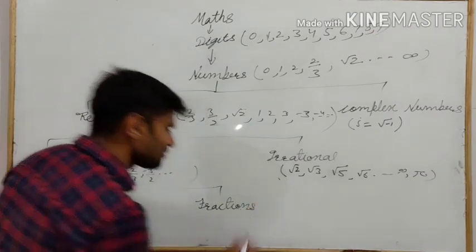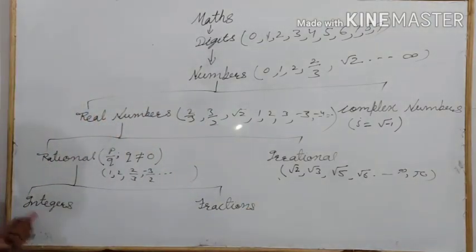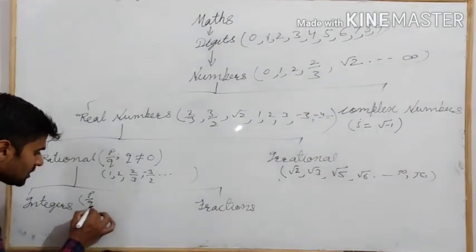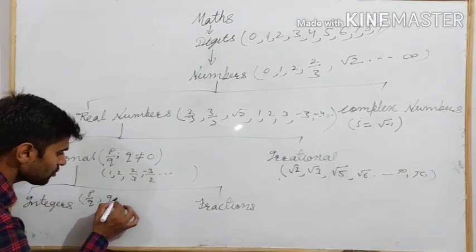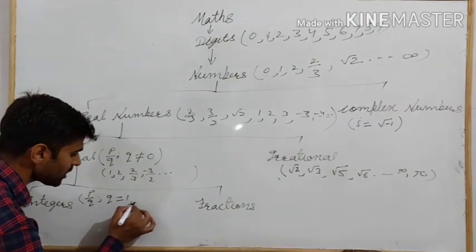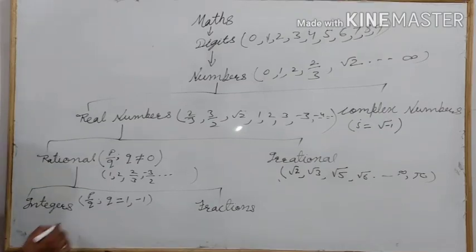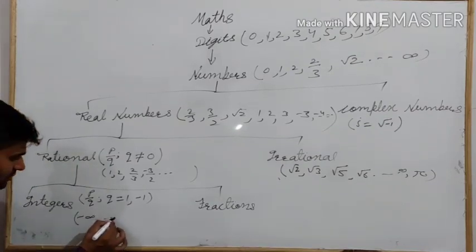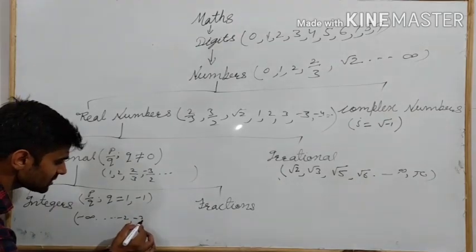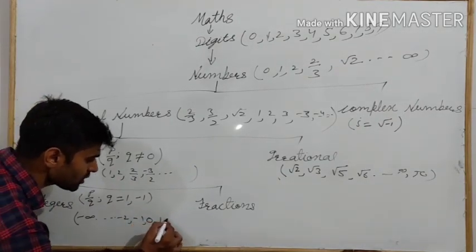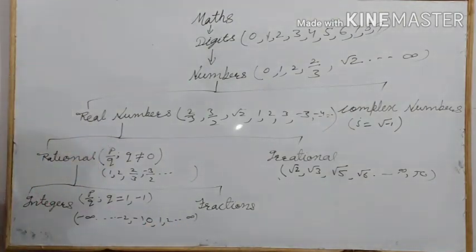Integers are also in p upon q form, but q is only equal to 1 or minus 1. It means these are minus infinity to minus 3, minus 2, minus 1, 0, 1, 2, up to plus infinity. These are integers.